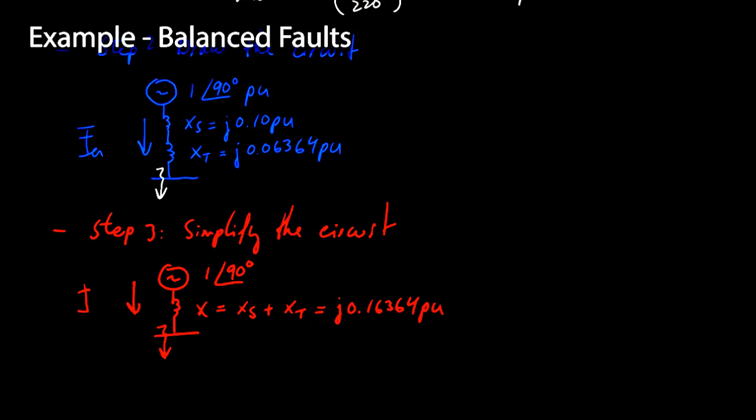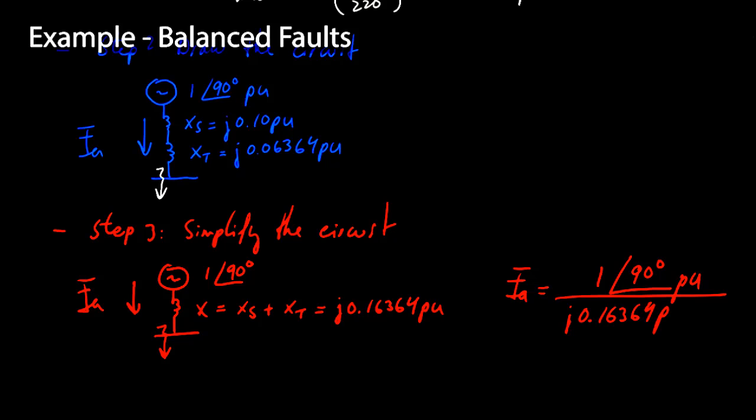And again, we're putting the fault over here. So now, again, IA is over here. Now we can calculate IA, which is going to be equal to 1 at 90 degrees, so our voltage, divided by the impedance, so j0.16364 per unit.